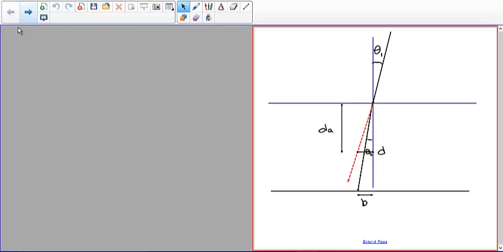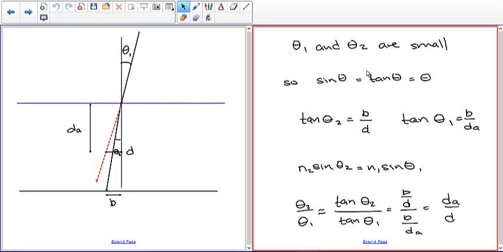The key thing is that because both angles, theta 1 and theta 2, are small, we can assume that the sine of the angle and the tangent of the angle are equal to the angle. If you look at the graphs of sine theta, tangent theta, and just theta, they all come together when you get close to theta equals 0.